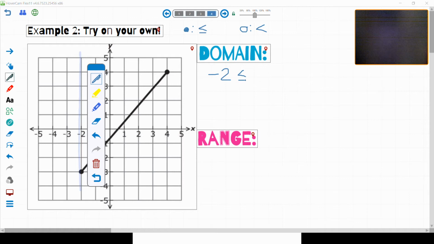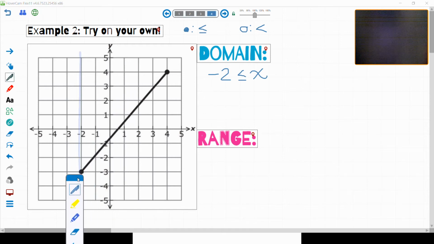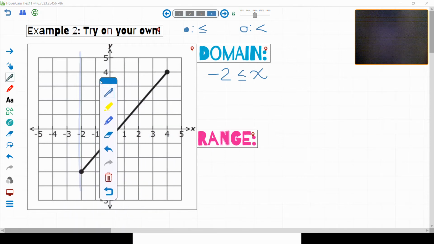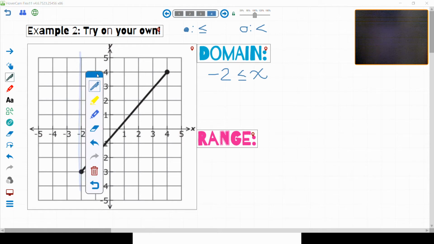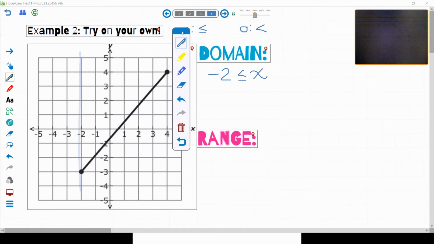Domain values, just like we had said earlier, are x values. So there we go, x. And we're going to keep moving across. What we're doing is pretty much following this line here, okay? So we started on the left side, and we're just going to keep moving up until right here is where we stop.